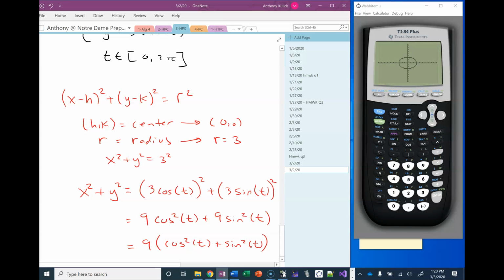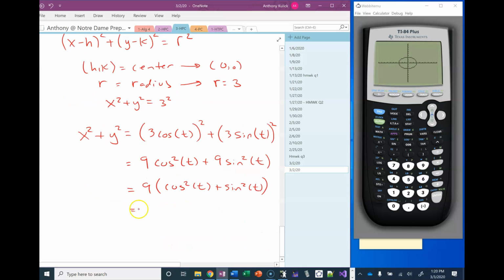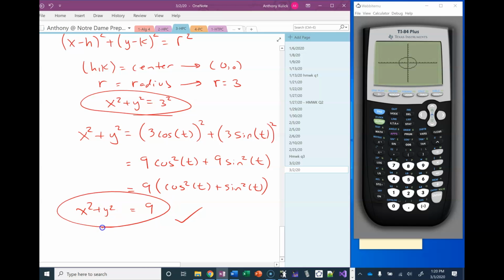Does anybody notice anything here? Yeah, cosine squared plus sine squared is 1. So we're left with just 9, and that's what we're hoping to see, right? Since those now match. Isn't that nice?